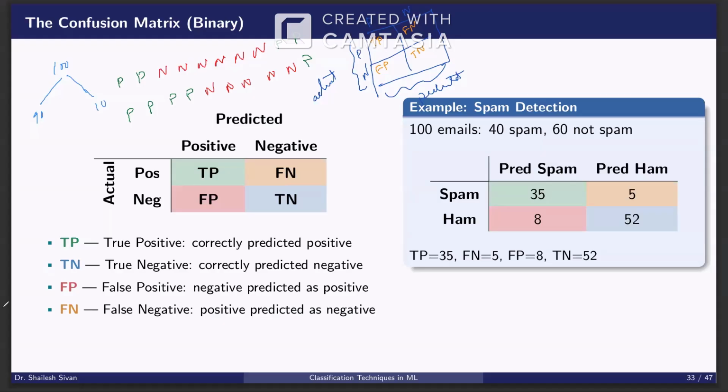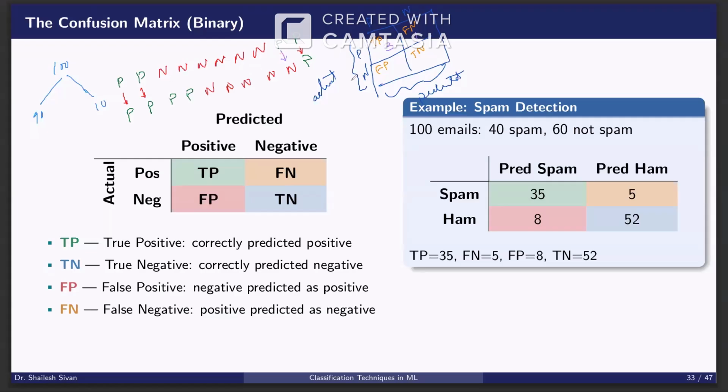Now, think about how many of the positives are predicted as positive. Three. So true positive is 3. Clear? Then what is this? False negative. How many of the positives are predicted as negative? 1.